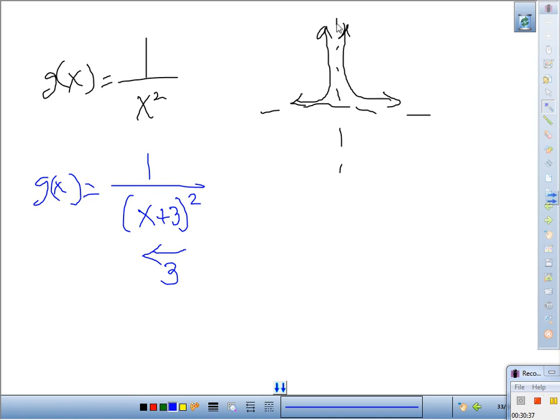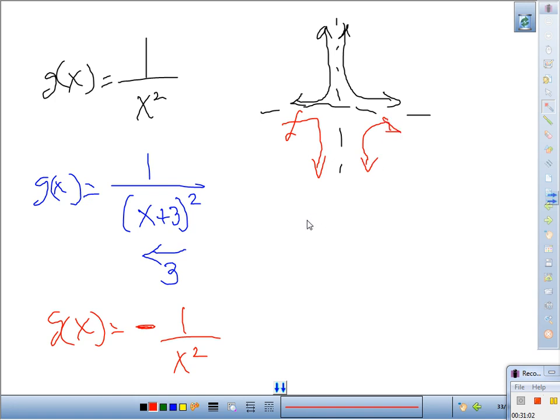The arrows and all that, including the asymptotes. Does that make sense? How about this one? Hold on. G of x equals negative 1 over x squared. What does it do? It reflects it. It would be right there. Are we there? All right.